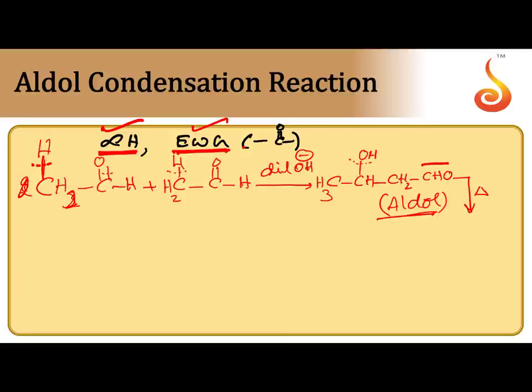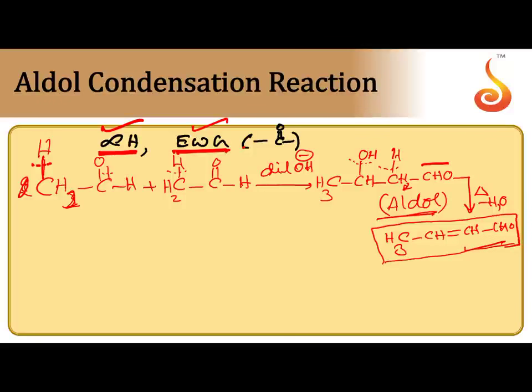After the formation of addition product, if it is heated, aldol on heating, what happens? H from alpha carbon, OH from beta carbon, both are removed in the form of H2O, creating double bond between alpha and beta. So finally we can get condensed product, alpha beta unsaturated aldehyde.